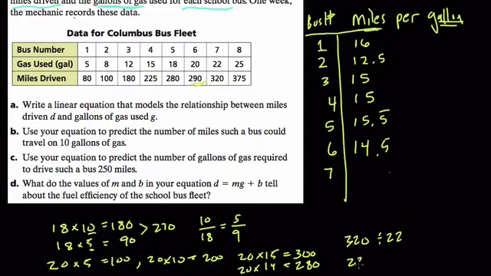Bus number 7, we have 320 divided by 22. Okay, well, 22 times 10 is 220. There's a remainder of 100 to get to 320, and I know 22 times 4 is pretty close. That gives me 88. All right, so what do I do now? Well, I have 22 times 10, 22 times 4. It goes into it 14 times with a remainder of 12 over 22.